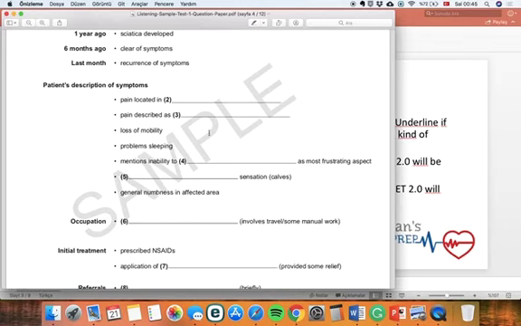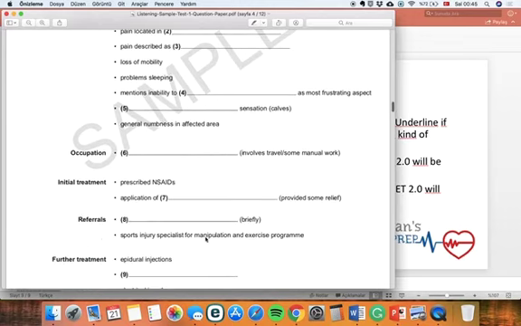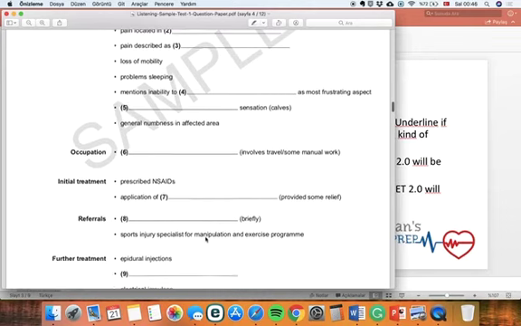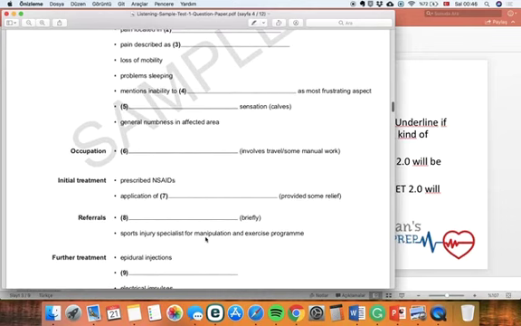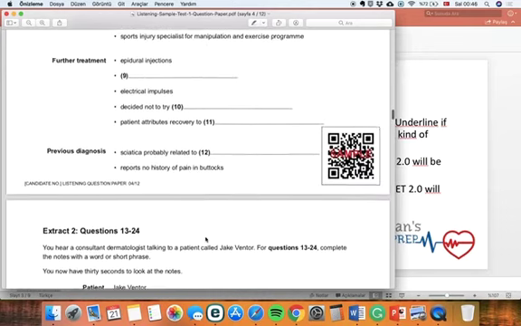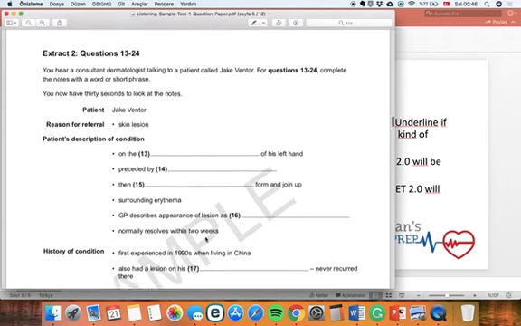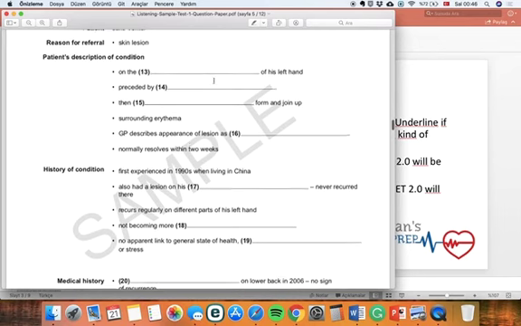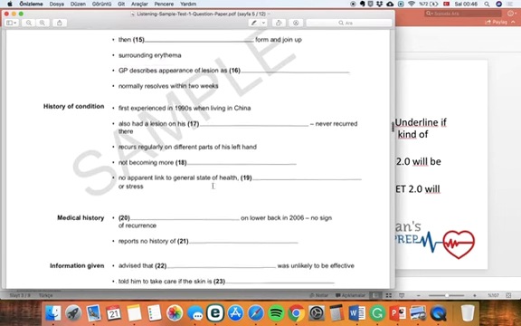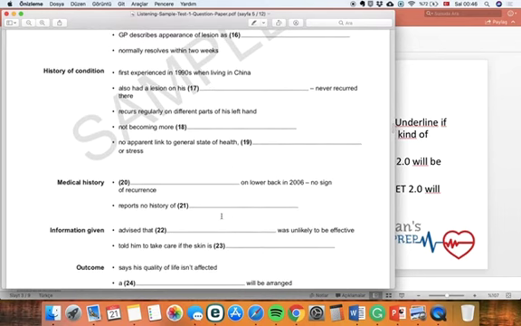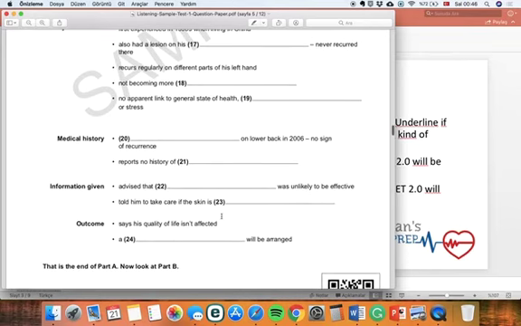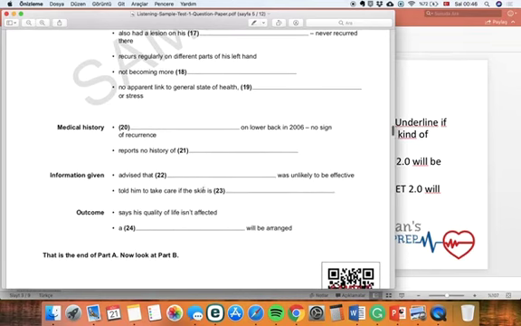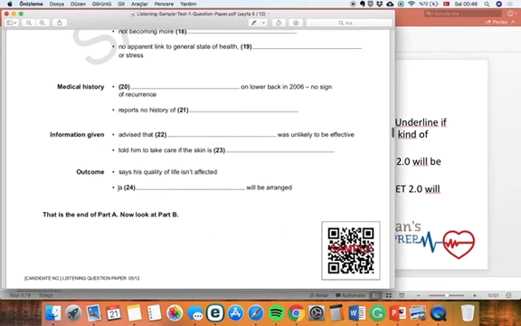But from the OET 2.0 version, as you can see, it's much more structured, and listening, in my opinion, will be easier than the previous version. And you can see this is another patient, second extract, and you need to also fill in this information about the patient's motive, why this patient is visiting this physician, their medical history, the advice that the physician gives, and the outcome.